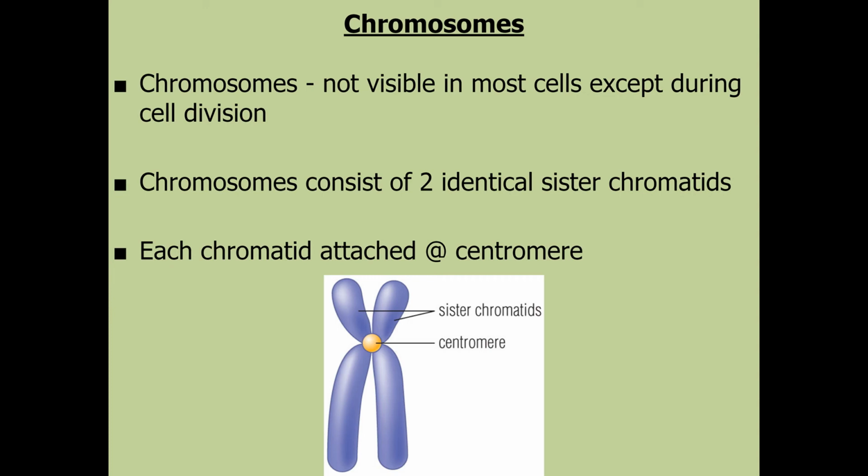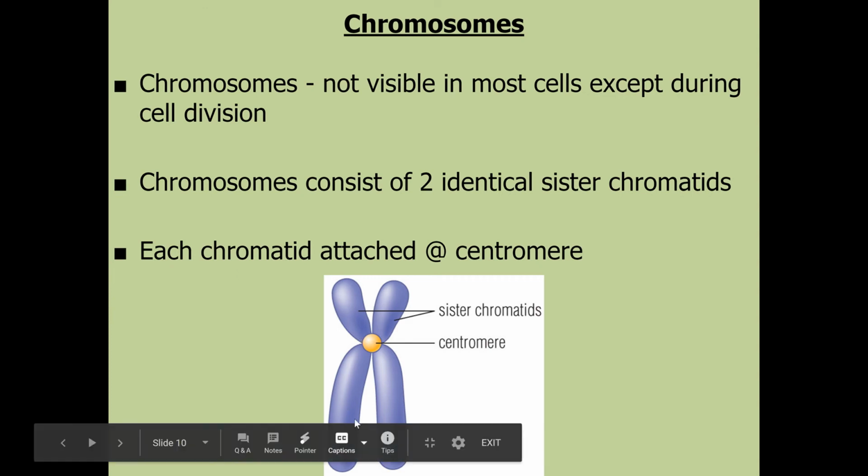So chromosomes consist of two identical sister chromatids. Okay, chromatids is one of these guys right here. Two of them is a chromosome. Okay, so they are connected with the centromere right here, this orange yellow dot.